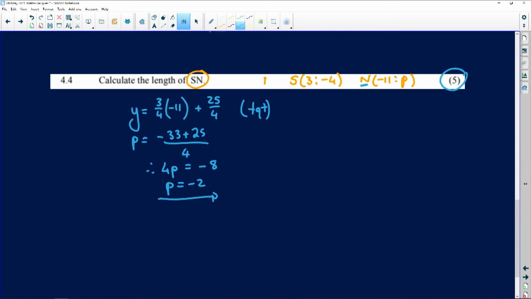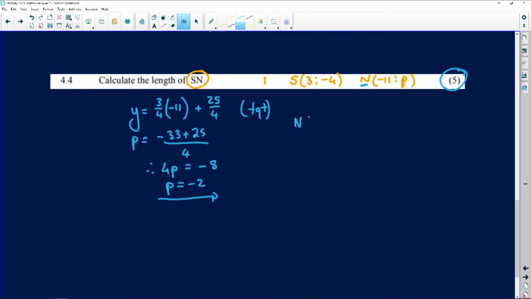Now, I think I've earned 2 or 3 marks possibly from the 5 that's on offer for this question. I'm not finished yet. Remember, the question said find the length of SN. So whenever I want to find a length, I need the distance formula. So in I go. The length of NS or SN, whichever way you want to write it, is the square root of (3 − (−11))² + (−4 − (−2))². Let's start with the 3, the x value here, minus 11 becomes plus 11.